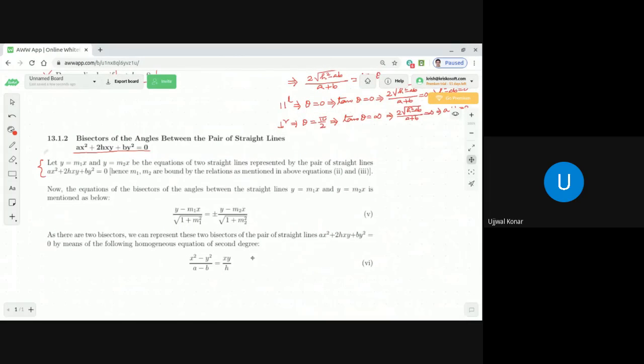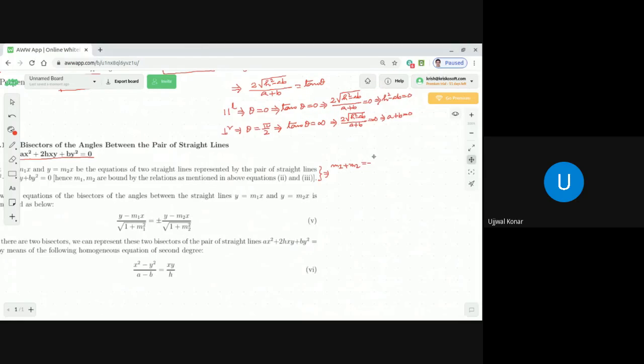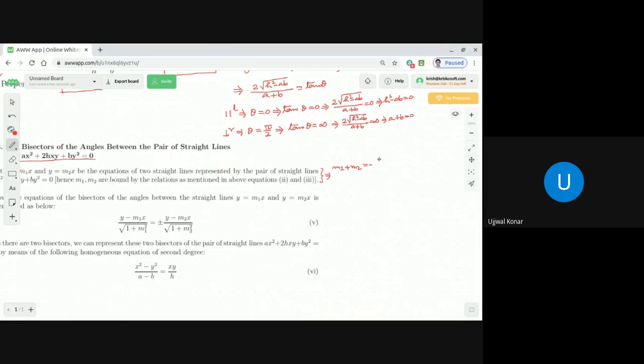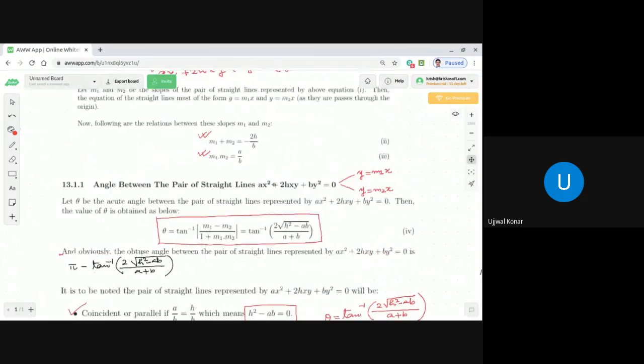So from this, we can write that m1 plus m2 is equal to minus 2h by b, and m1 into m2 is equal to a by b.